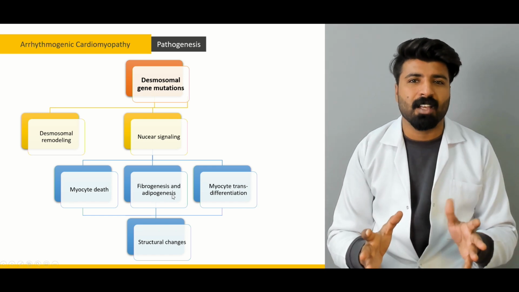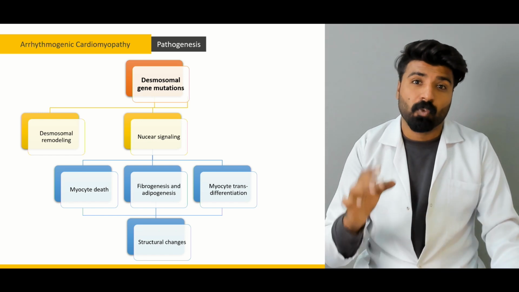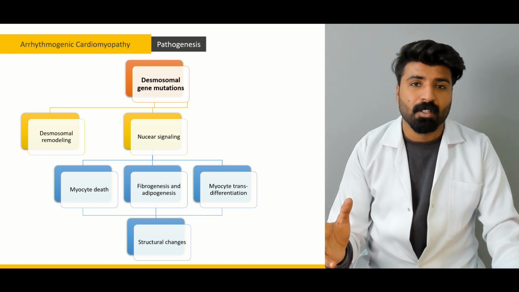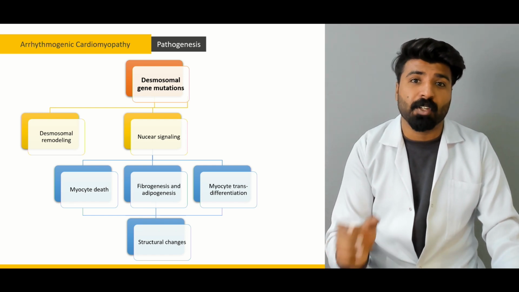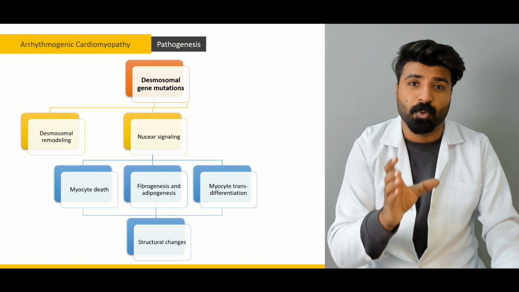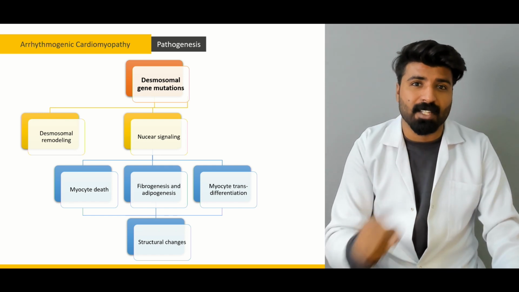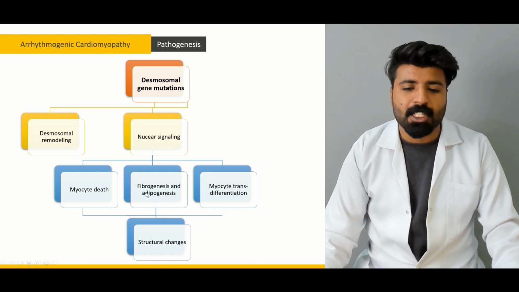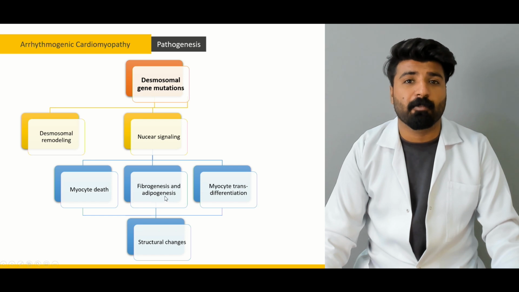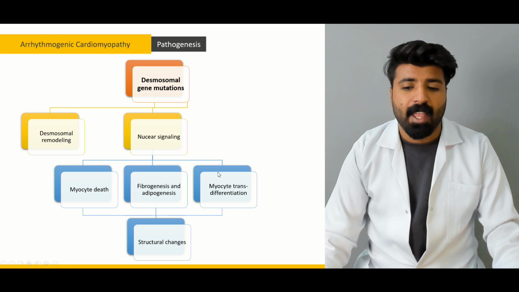Those normal cells are going to die, are going to get necrosed, but adipose tissue and fibroblasts are going to accumulate and get formed in the places of those dead cells we talked about. Those myocytes which are dead will be replaced by fibrous cells and adipose tissue, and this will lead to myocyte transdifferentiation.